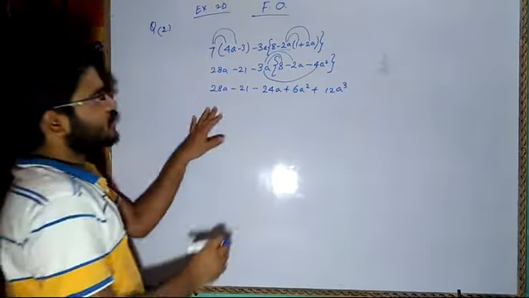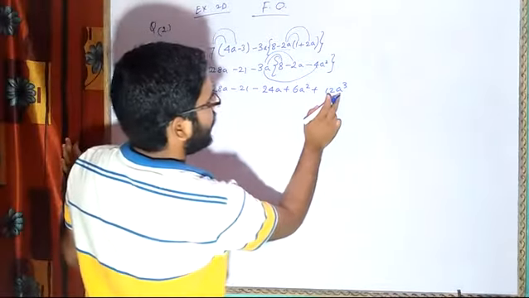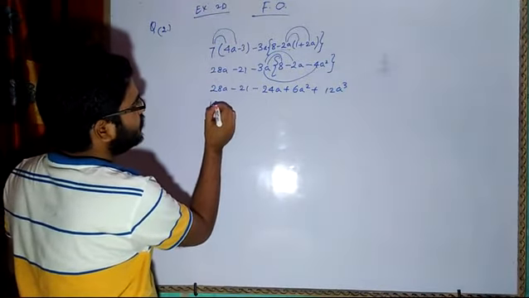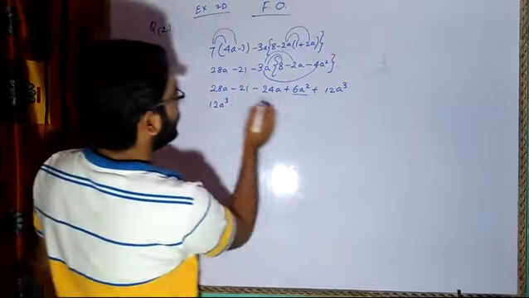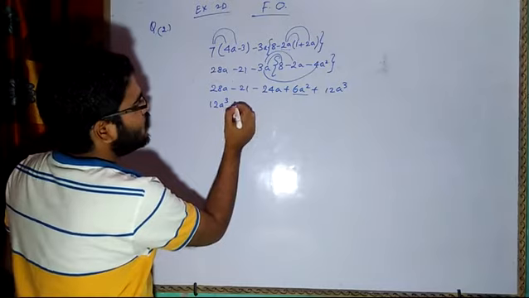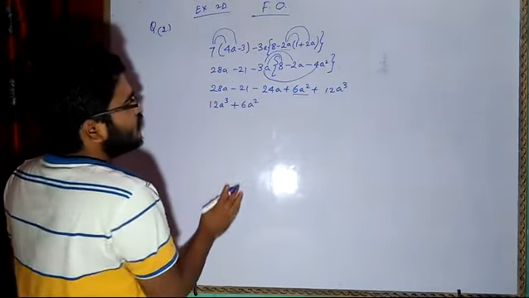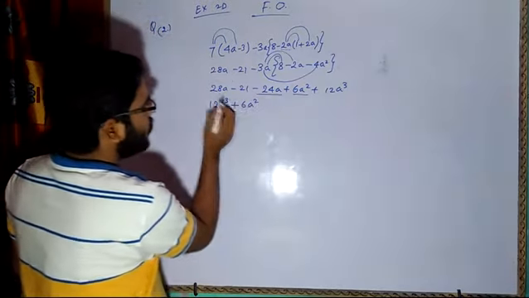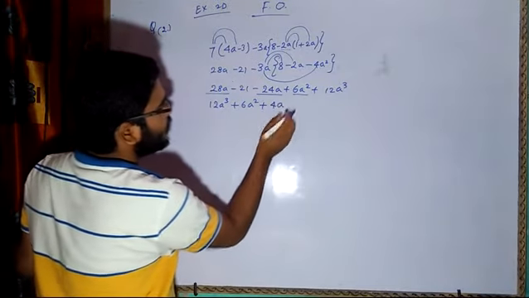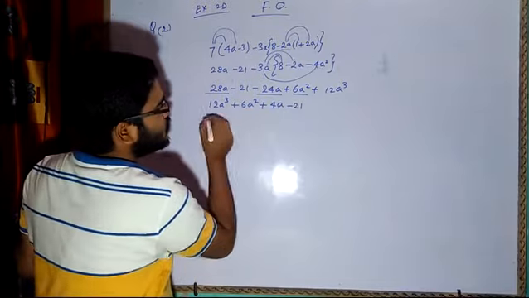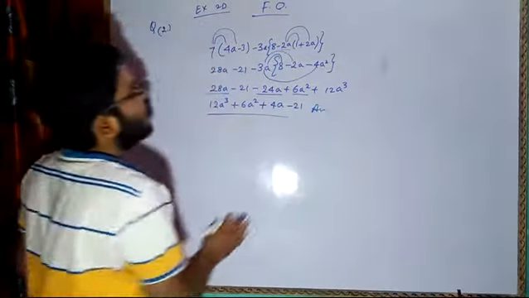Now arrange the terms: 12a cube, we don't have any other such terms, so I can write 12a cube. Now again 6a square is here. Do I have any other term of square? No. So we can write it like this. Now second, minus 24a plus 28a. If I subtract, I will get 4a. Then minus 21.